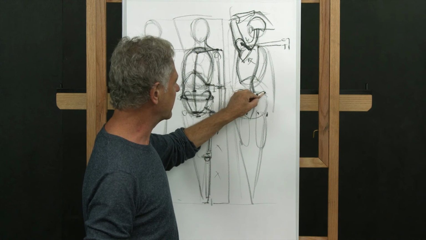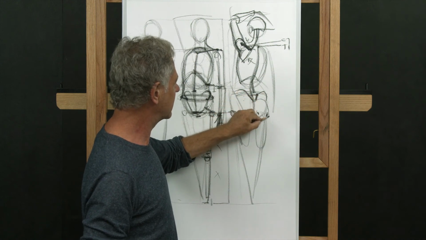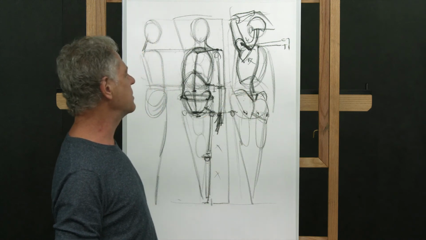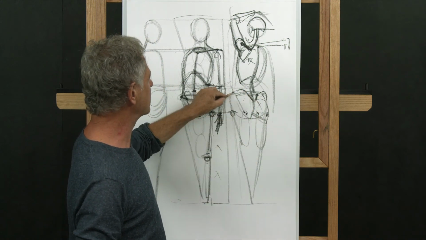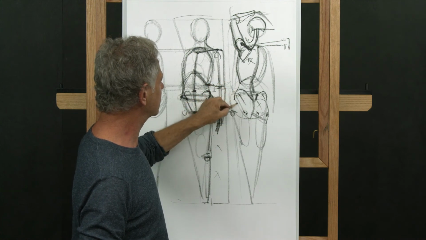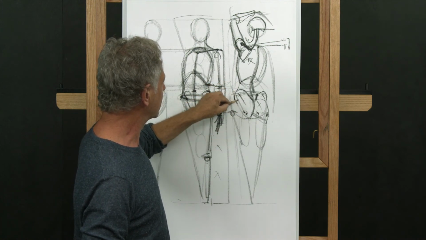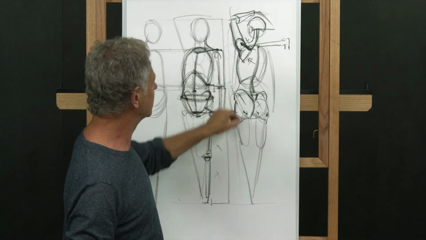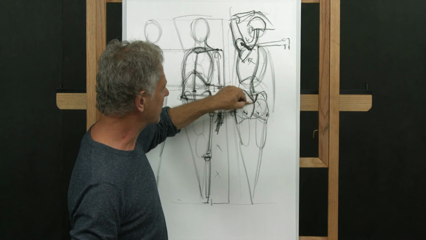So let's just draw that for a moment. Right? This is the gluteus medius. This is the gluteus maximus. So on this side, gluteus medius, pulling in, gluteus maximus down here. Okay. Right? Sacrum, it tucks into the coccyx.